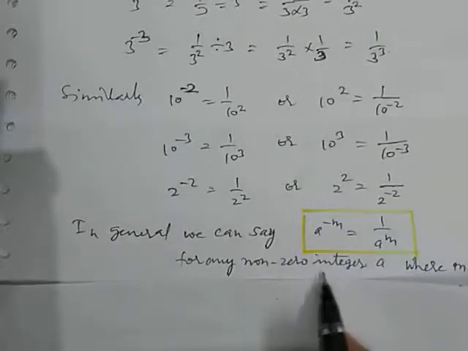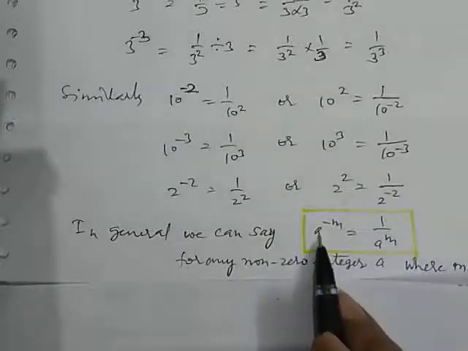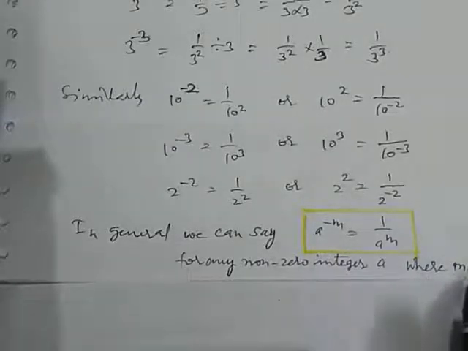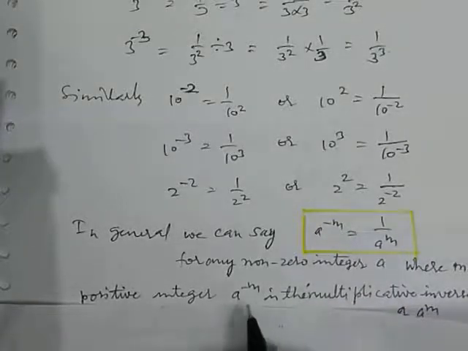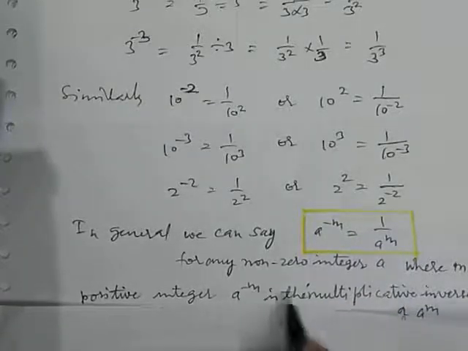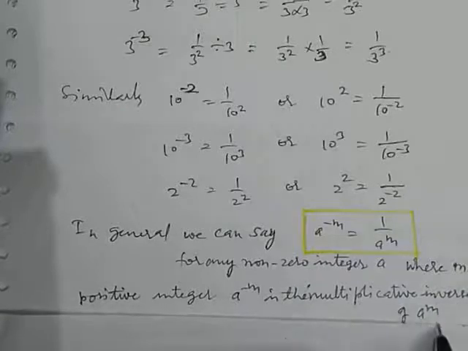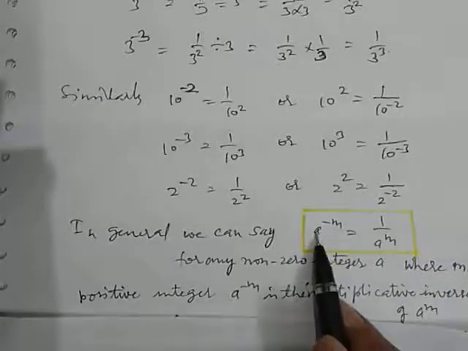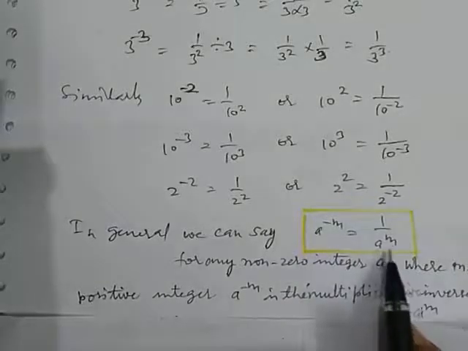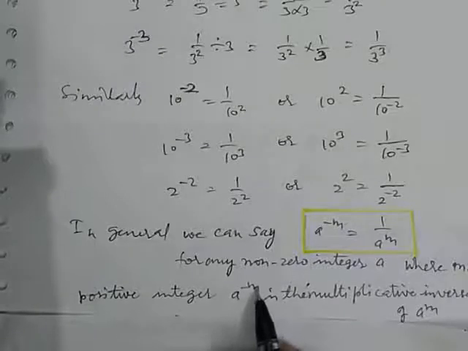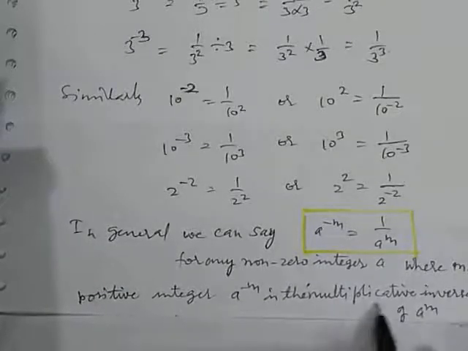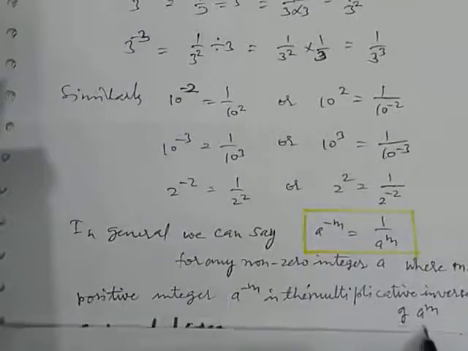For any non-zero integer a, where m is a positive integer, a raised to the power minus m is the multiplicative inverse of a raised to the power m. Why? Because by multiplying a raised to the power minus m and a raised to the power m, we get 1. So a raised to the power minus m is the multiplicative inverse of a raised to the power m.